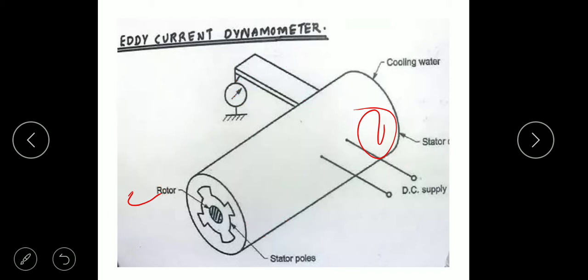Now how can this portion measure? First of all, before going to that, you must remember the stator word is for the resting component. Stator pole means the notch related portion on which the coil is wound.